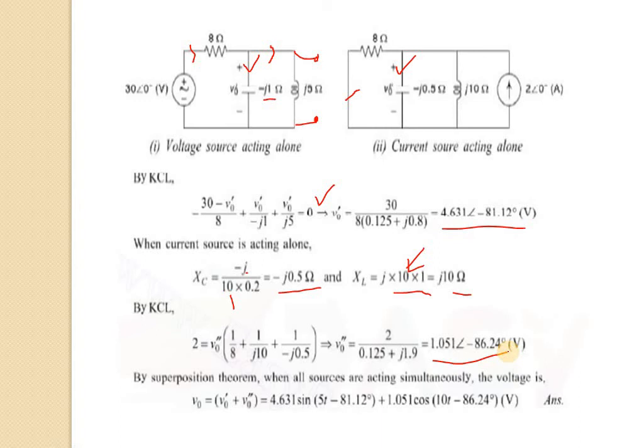So by applying the superposition theorem, we have to sum up all the voltages we got from the previous steps, and after summing up, we are getting this result. This one is our result. Okay.